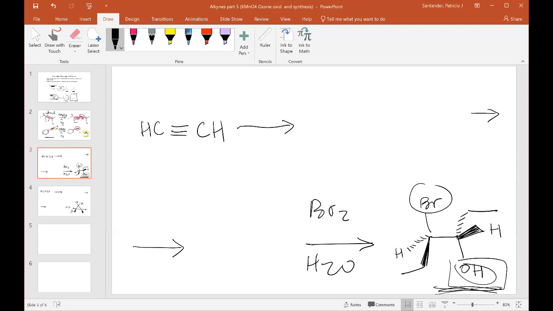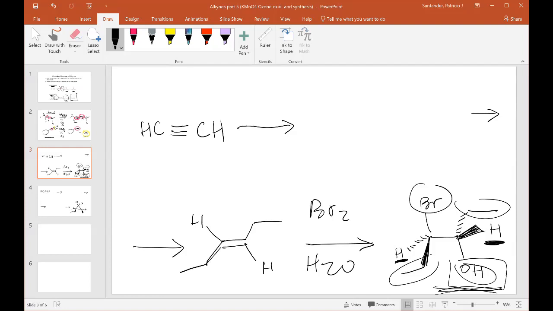So what should be the structure of the alkene necessary to synthesize that? Well, it should be an alkene. And because I see that the two hydrogen atoms here are on opposite sides, that means the alkene should have those hydrogens on opposite sides as well. That means the two ethyl groups are opposite, right?